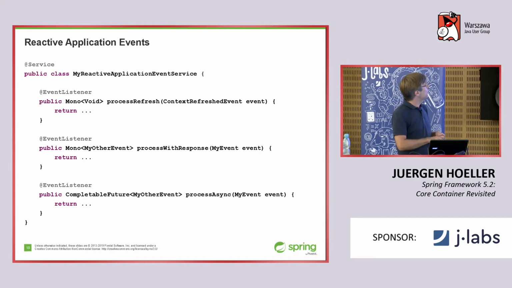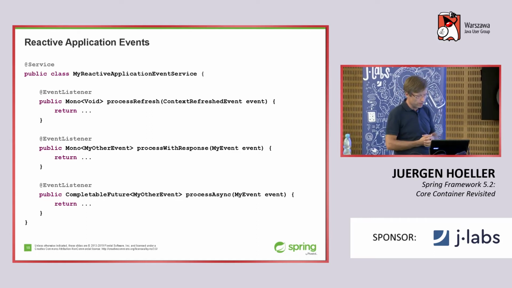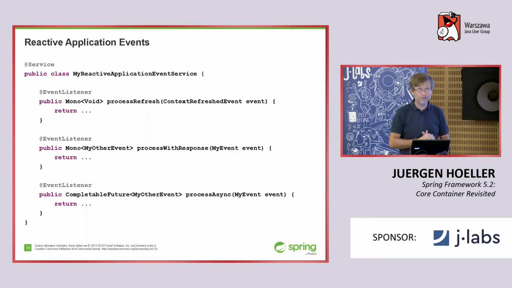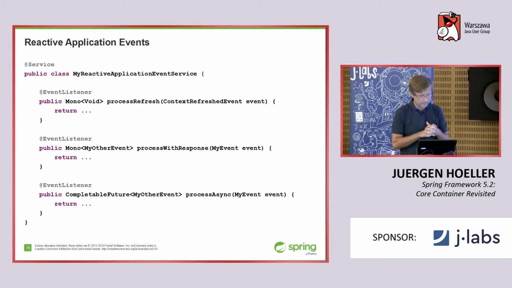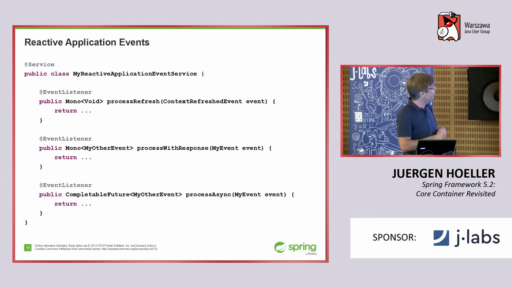Last but not least, there's also an ongoing effort, literally ongoing today actually. It's something I've been working on on the train from Krakow to here. It's the support for reactive return values and also for CompletableFuture return values from event listener callback methods.